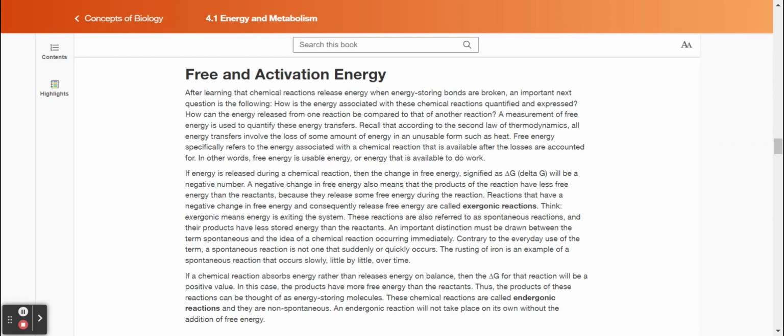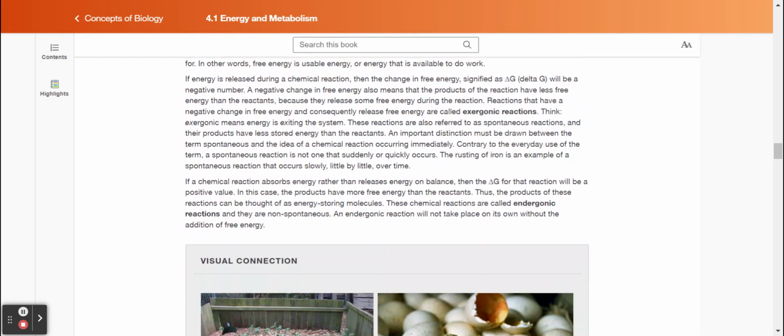Recall that according to the second law of thermodynamics, all energy transfers involve the loss of some amount of energy in an unusable form such as heat. Free energy specifically refers to the energy associated with a chemical reaction that is available after the losses are accounted for. In other words, free energy is usable energy, or energy that is available to do work.